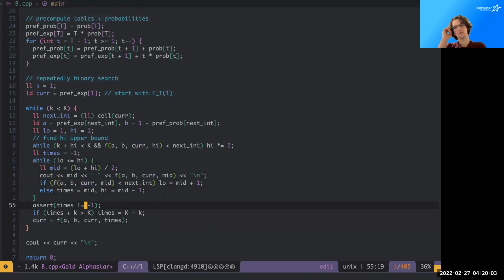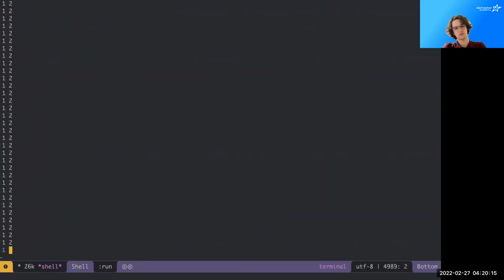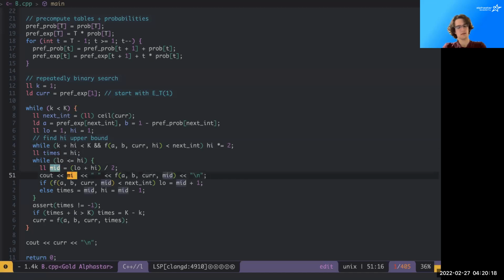I guess it's possible there's never a crossing point in that case. Times start out at 5, I guess. Okay, what's going on? How is that infinite looping?